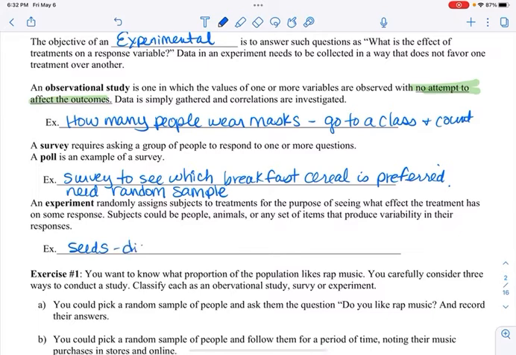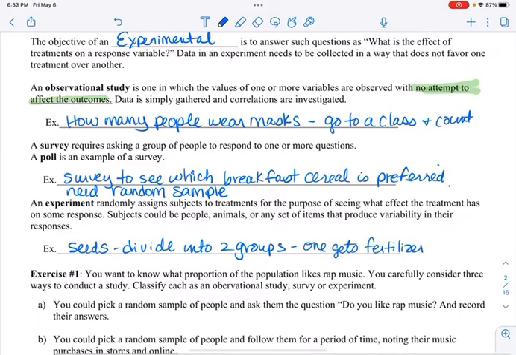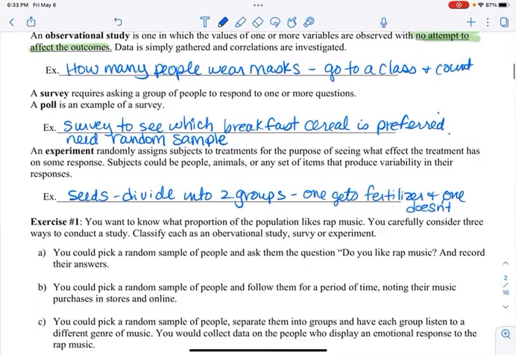So I can divide them into two groups. One gets the fertilizer and one doesn't. So you're trying to see the cause and effect.